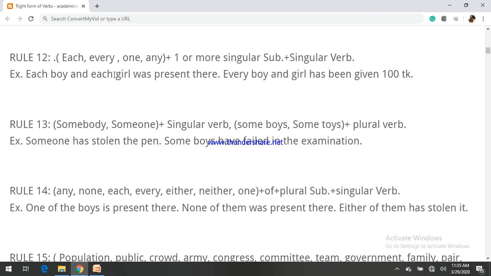Each boy and each girl: each is the subject, and that's why was, singular. Every boy and girl: every is the subject, and has been, not have been. After these words, a singular subject or singular verb is mandatory.